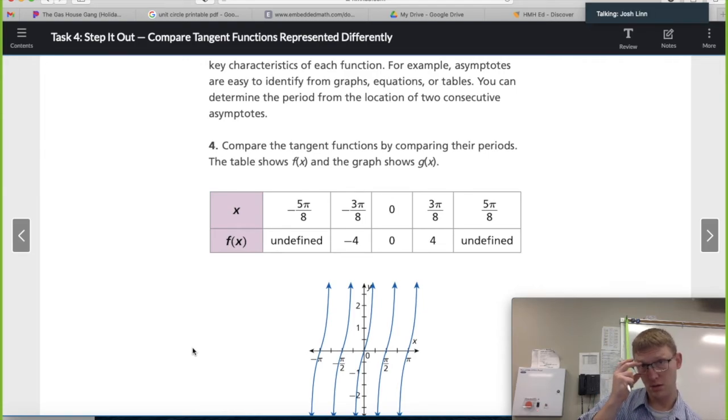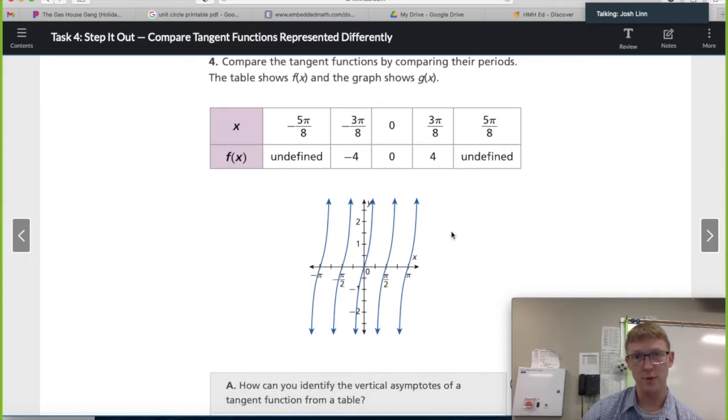And then it moves over 2 times 5 pi over 8, which I guess would not be 1. I don't know what I was thinking. Anyway, but you've got your 2 asymptotes. And then from there, if you wanted to make an equation, you have 3 known points. And you're good. You can figure it out from there.